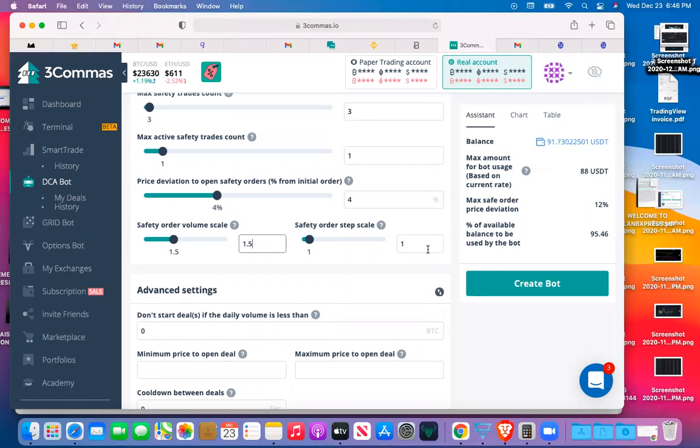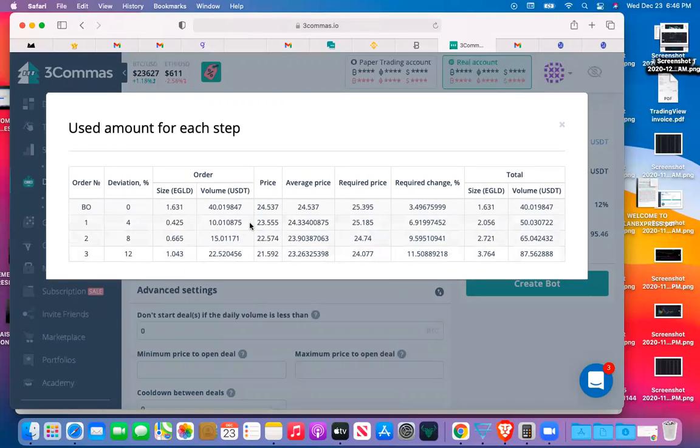But what's happening is that in this case, when there's a total pullback of 12%, how does it look? Look at the table. As I click on table, now look at it. The first deviation $23 plus, $22 plus, $21 plus. Now, instead of repeating $10, it's going to buy $10 when there's a 4% drop.